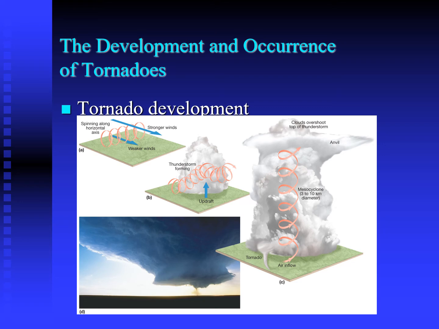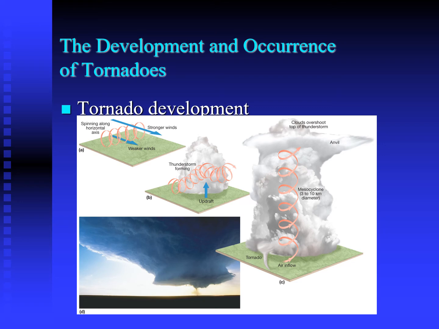So this is one type of wind shear, where it's just simply wind moving the same direction but at different speeds. Another type of wind shear can happen when you have winds at the surface blowing perpendicular to each other. And I will demonstrate this in class for us this week. Anyway, so you end up with wind shear. What the wind shear does is it creates this horizontal spinning vortex, okay? And that might sound kind of scary, but it's actually really not that bad.